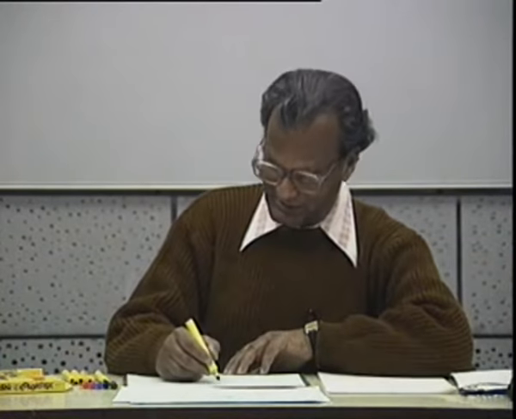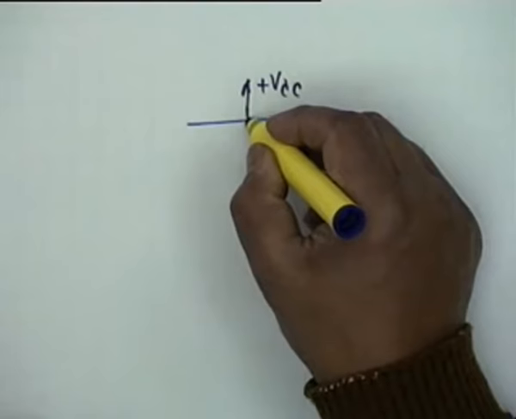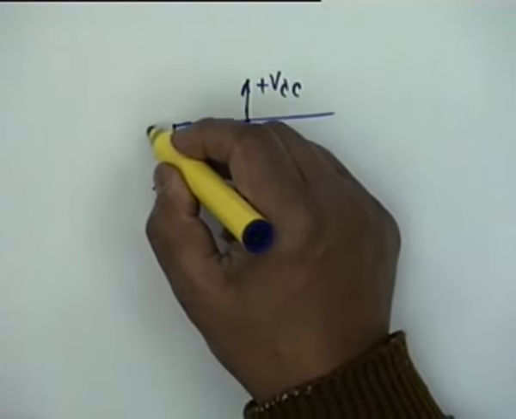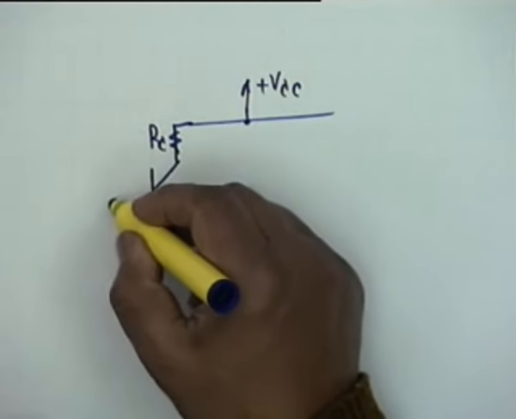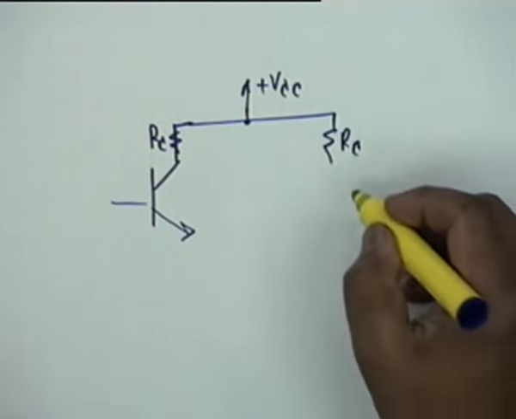Now, if you go back to the circuit once more, let me draw this. This is C. There is an R sub C, they are identical.